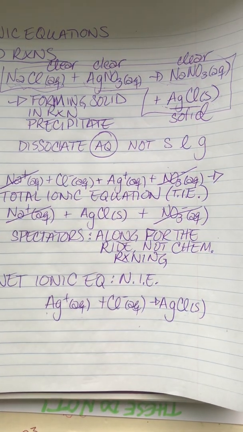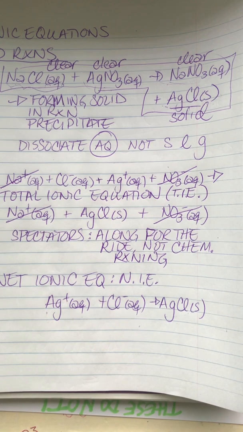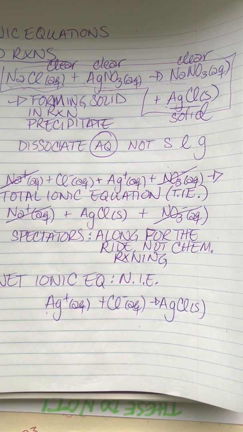solid, right? So I don't know if you guys remember from a million years ago when we did experiment 4, I believe it was, where we formed silver iodide. It was kind of a yellowish, powdery looking substance.